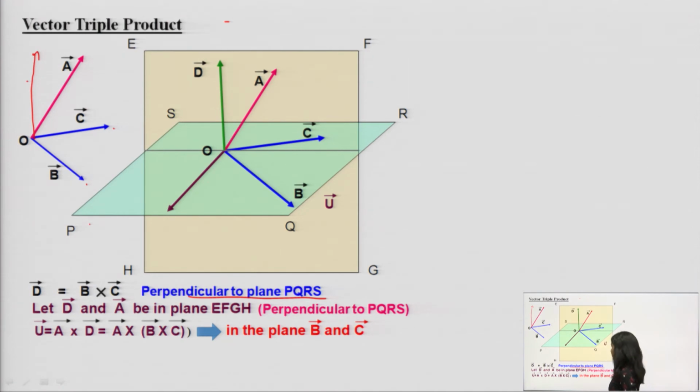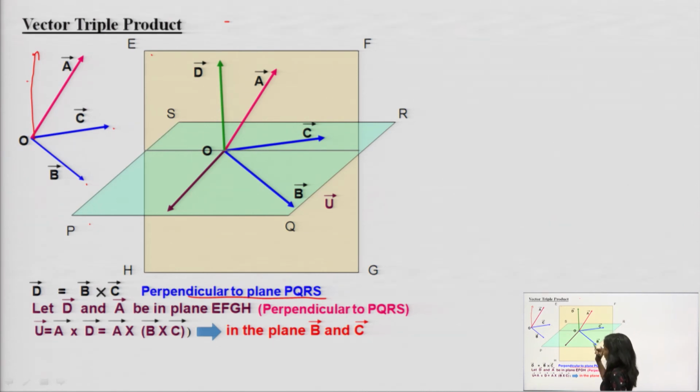Now let D and A be in the plane EFGH, another plane which is perpendicular to the previous plane PQRS on which vectors B and C lie.